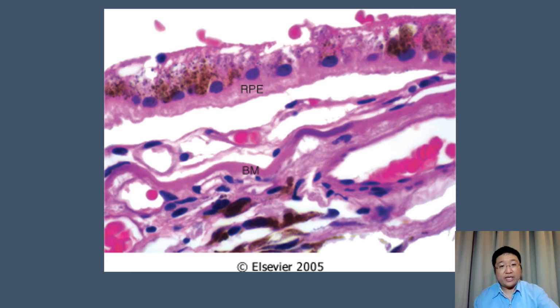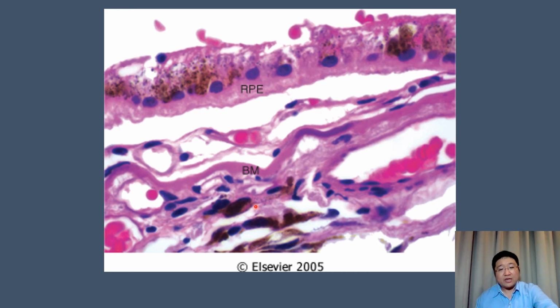So here is the figure demonstrating the retinal pigment epithelium, and we see Bruch's membrane, which is the basement membrane of the retinal pigment epithelium, and underneath here is the choriocapillaris.